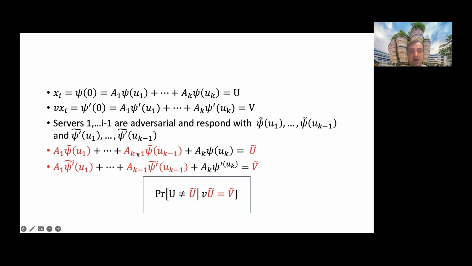So we have the first k minus 1 terms different, and we need to estimate the probability that we as a client accept an incorrect file of interest, so that the xi which we obtain is incorrect, so that U big is not equal to U big tilde, while the verification equation is passed. So we are convinced that it's correct, but in fact it's incorrect. So what does it mean?